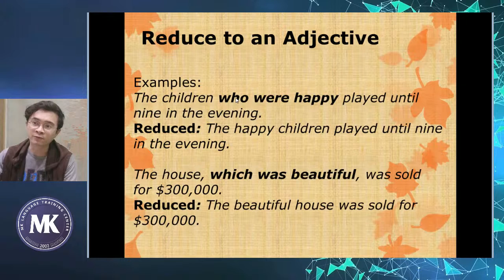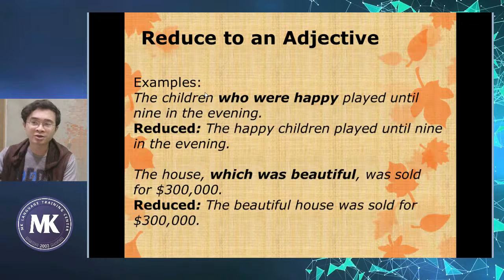So we can remove who here. And also we need to remove our be form the verb. Remove were. What's left now is happy. Now what happens here? We need to also transfer the happy before the noun that it modifies. So in this sentence, it modifies the noun or the subject children. So it means put the word happy before the children.